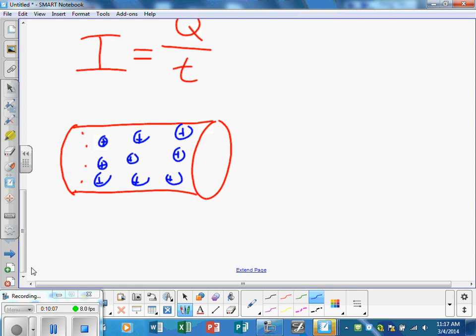And the thing is, with metal, what do you know about metal and its valence shell electrons? It's very important. They're very loose. It's like loose skin. Remember we talked about that? So first of all, there are the normal electrons, the ones that aren't in the valence shell of the atoms, and they're stuck in place.